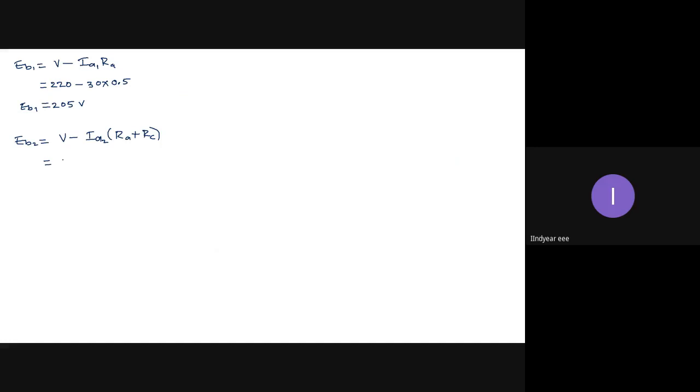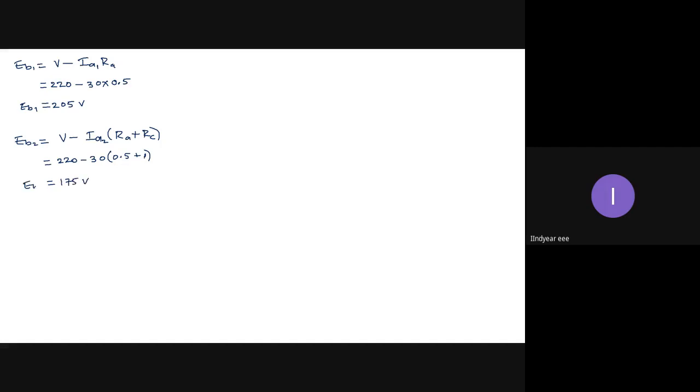So this will be equal to 220 minus 30 into 0.5 plus 1, which is 175 volts.